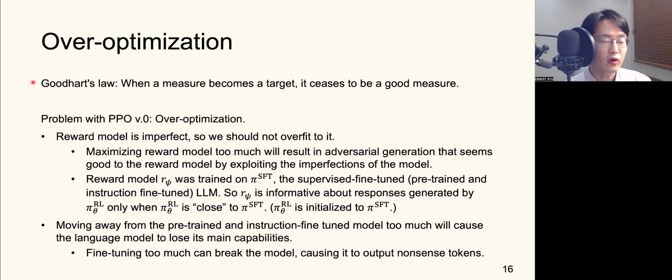The idea of over-optimization is captured well by Goodhart's law. Goodhart's law states that when a measure becomes a target, it ceases to be a good measure. A good example of this is when a government wanted to control the number of snakes within a certain area. It put out a bounty and had people capture and bring in snakes, and these people would be paid by the number of snakes they brought in.